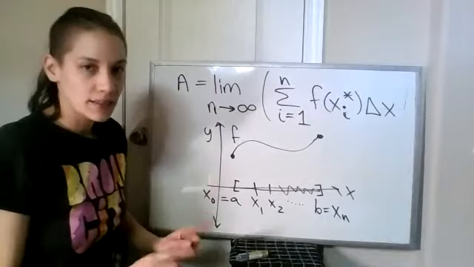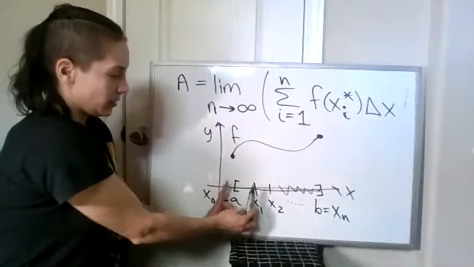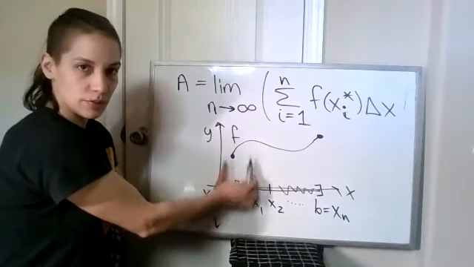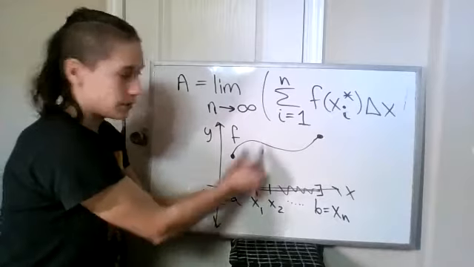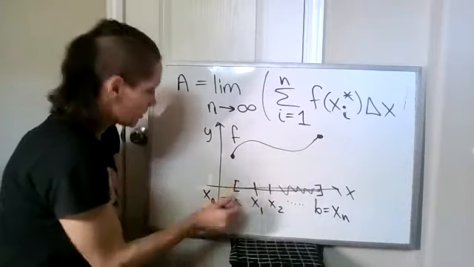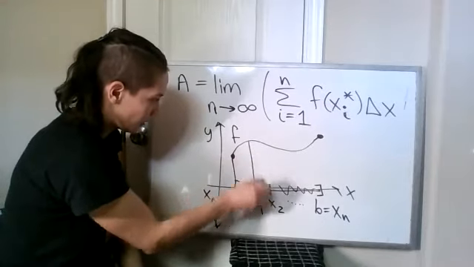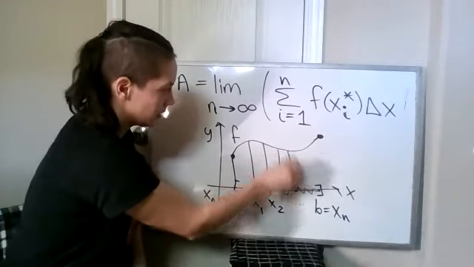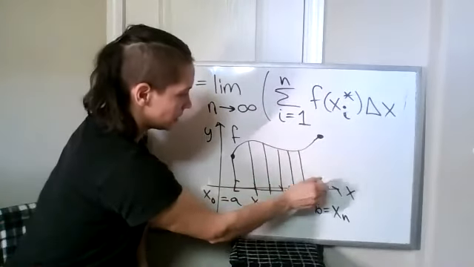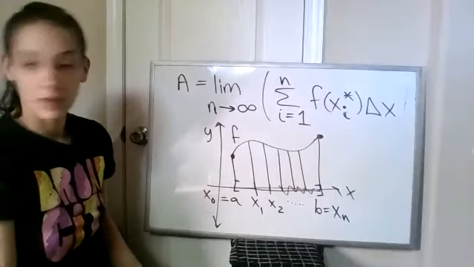And then the idea, and of course we're going to do examples, but the idea is on the first interval, we draw a rectangle and get that area. And then another rectangle, here, here, however many you need to get to B.